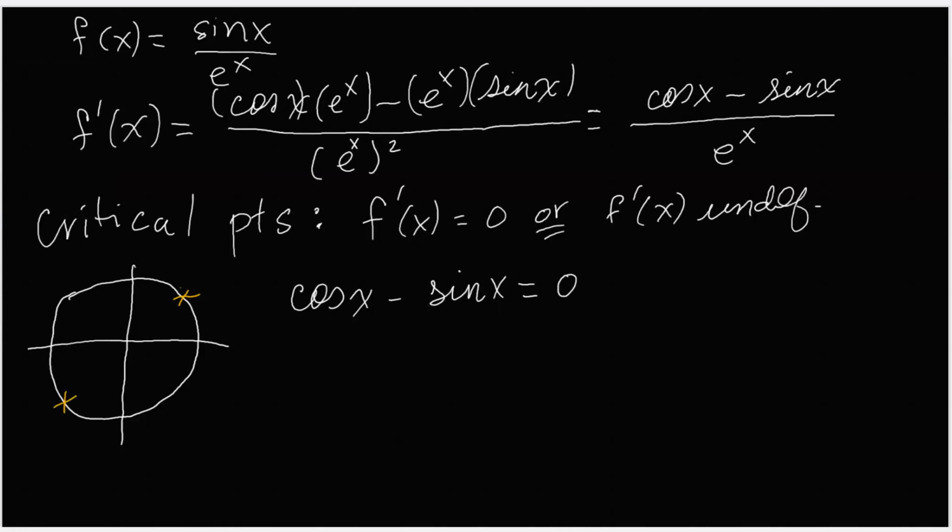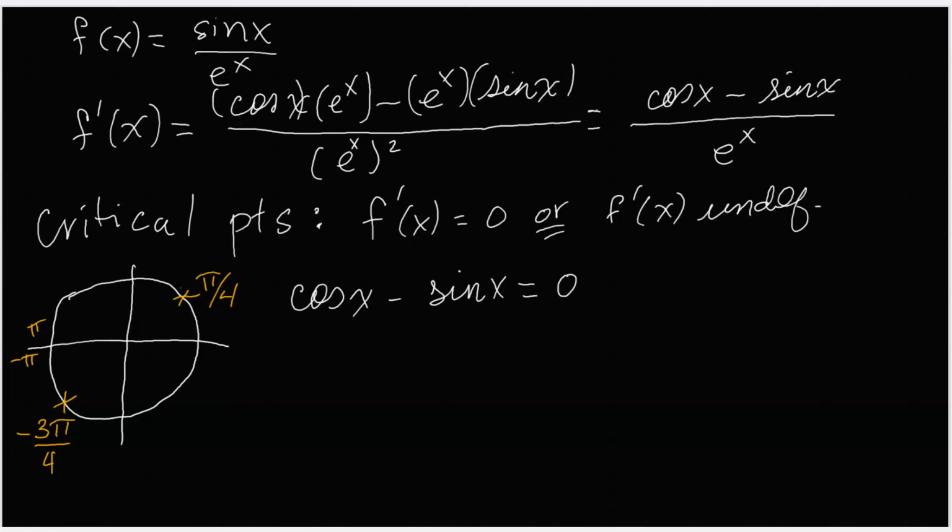It would be that point right there and this point right here. This point right here, we can call pi over 4. This point down here in the third quadrant could be 5 pi over 4, or when we go the opposite direction, negative 3 pi over 4. And negative 3 pi over 4 would be within the negative pi to pi interval.